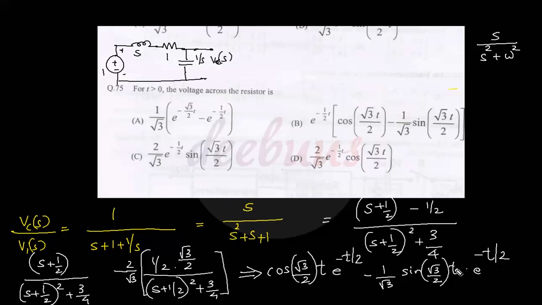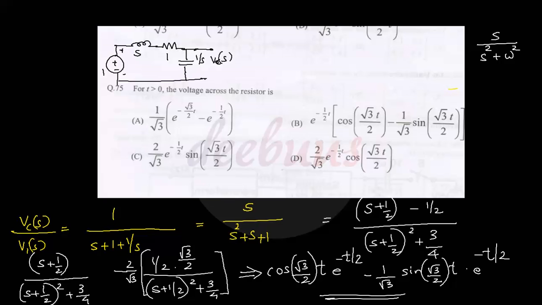So cos of √3/2 t, but there is a shift, so e^(-t/2), right. Minus 1/2 into 2/√3, that is 1/√3. So minus 1/√3 sin(√3/2 t) into e^(-t/2). So this is the inverse Laplace transform and it is the final answer too.